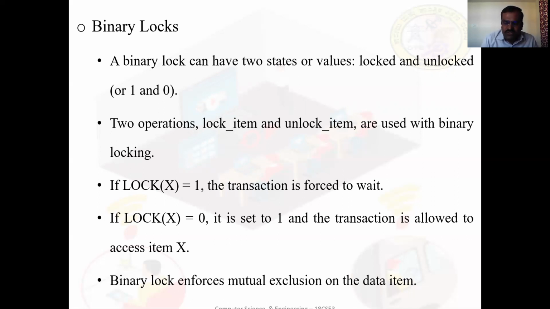A transaction requests access to an item X by first issuing a lock item X operation. If lock of X is equal to 1, the transaction is forced to wait. Otherwise, the data item X is locked.